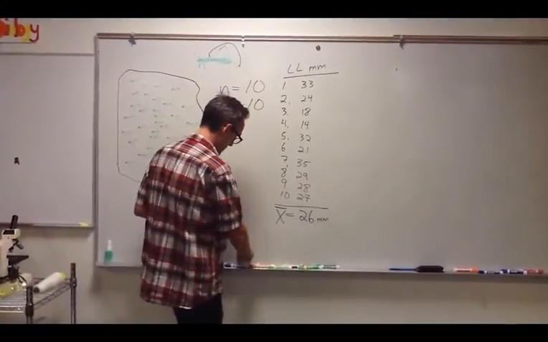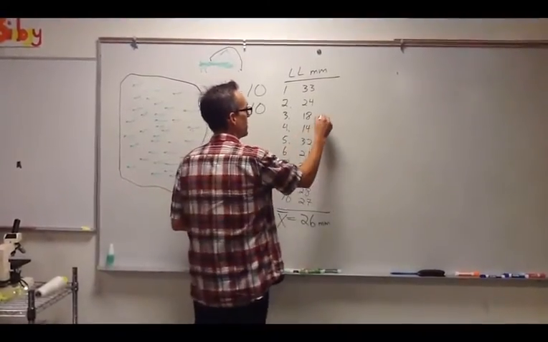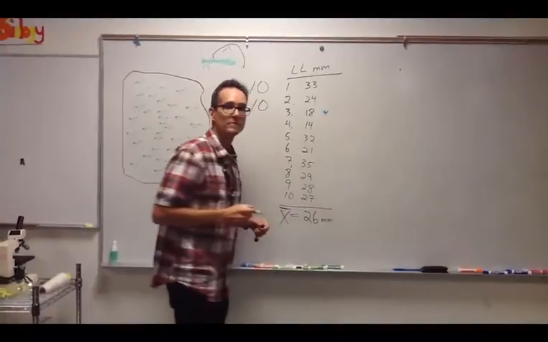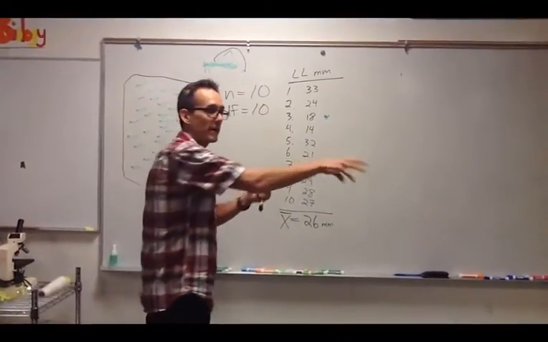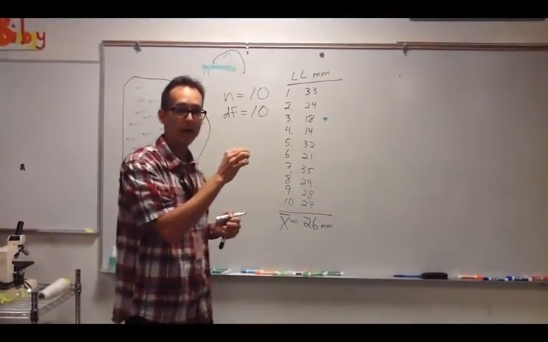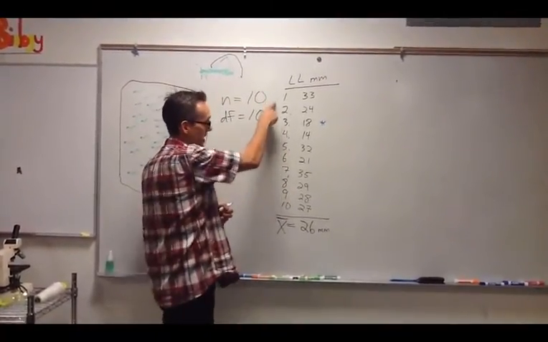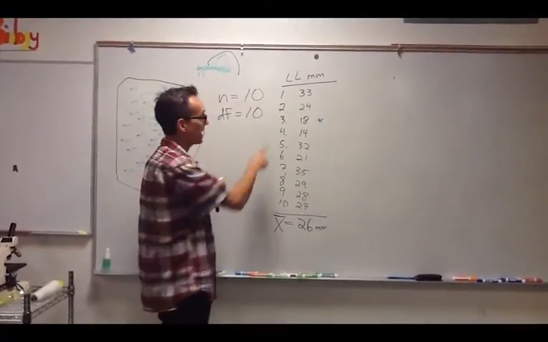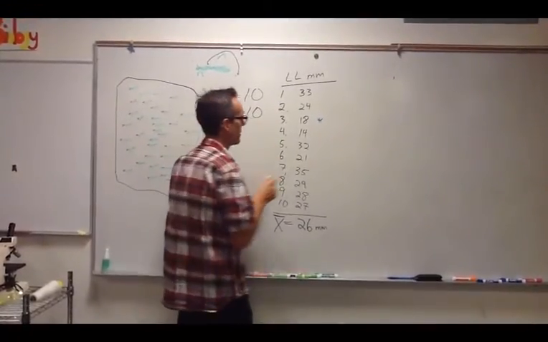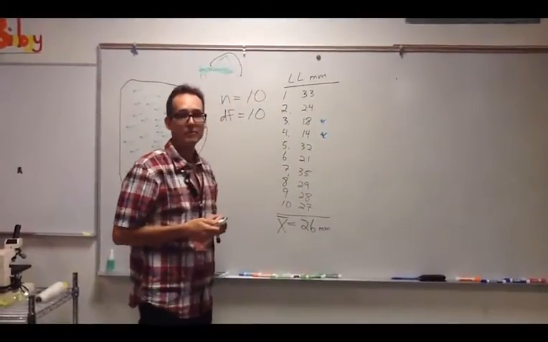Let's say that first grasshopper I pull out is number 3. I measure it and set that grasshopper aside. Then I pull the next grasshopper out. That next grasshopper's leg length is free to vary among the remaining 9. I've already got one measurement. It's free to vary among the remaining 9, and it's this one.